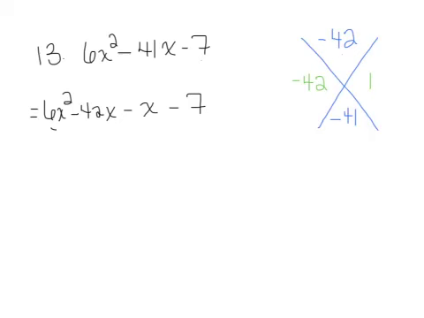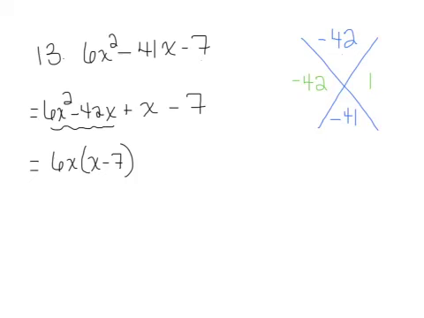Now I'm going to group the first two together. So 6x squared minus 42x, that's going to factor out a 6x, and I'm left with x minus 7. And now, oh, this should have been a plus. Negative 42x plus x.